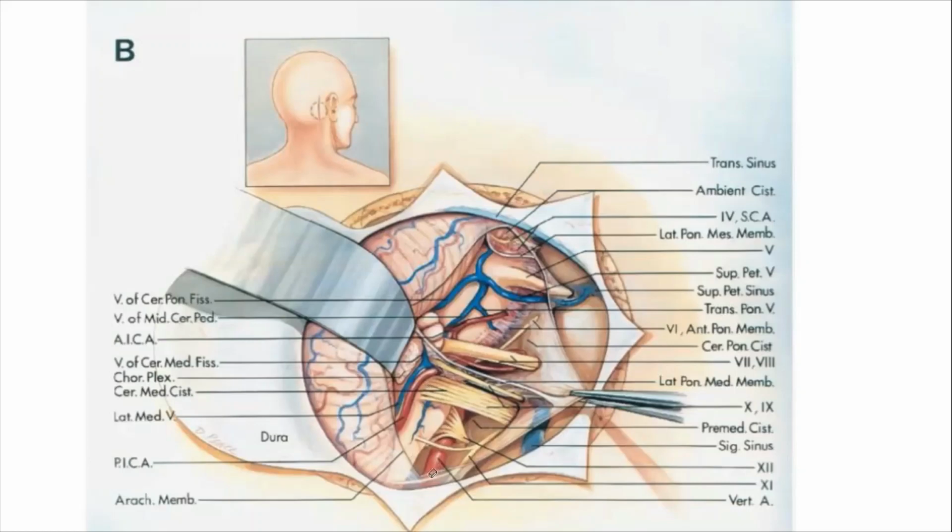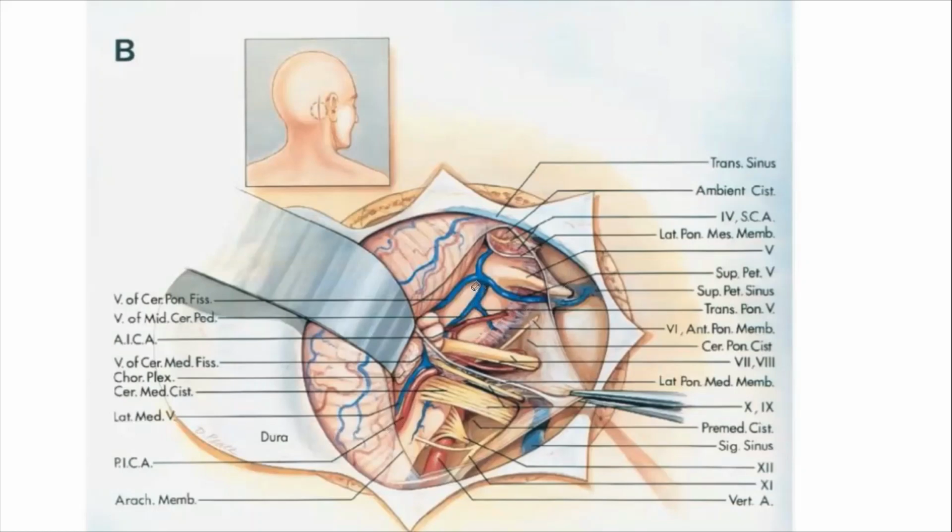We can see the structure passing anterior to the medulla is the vertebral artery. This vertebral artery anteriorly communicates and forms the basilar artery, and gives a branch to the PICA in the cerebellomedullary cistern. The PICA travels posteriorly in the dorsal region of the medulla and goes posteriorly up to the cerebellar hemisphere.